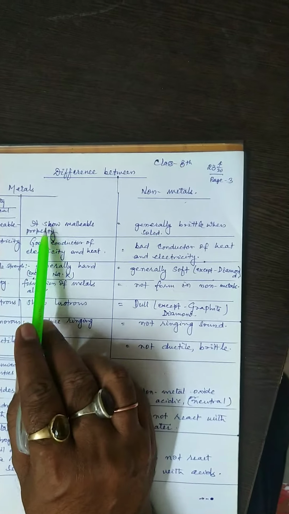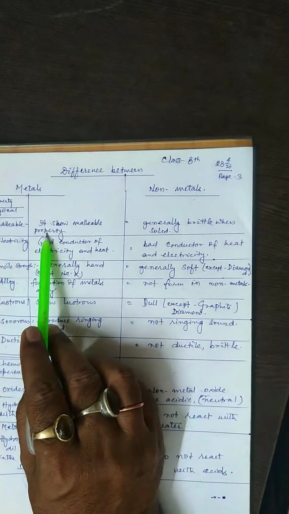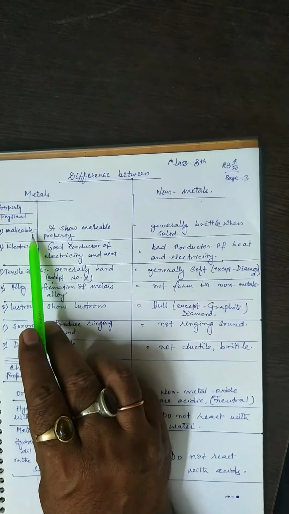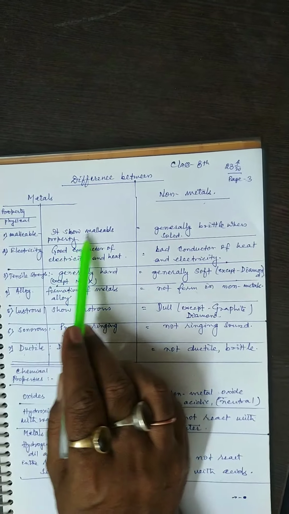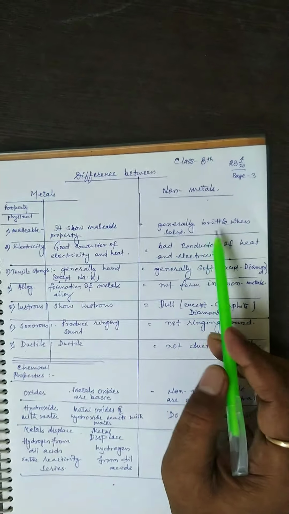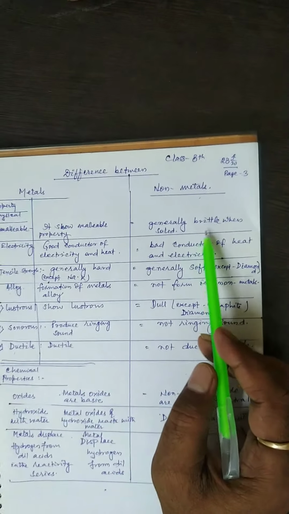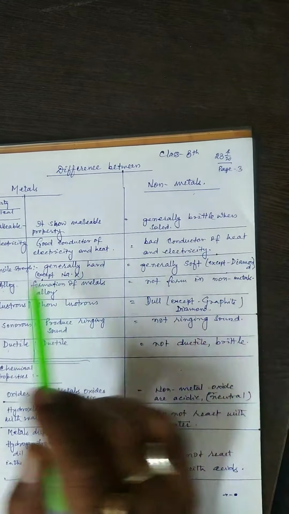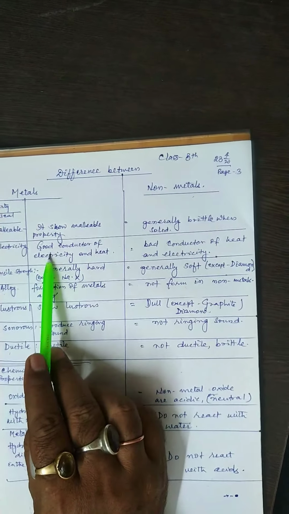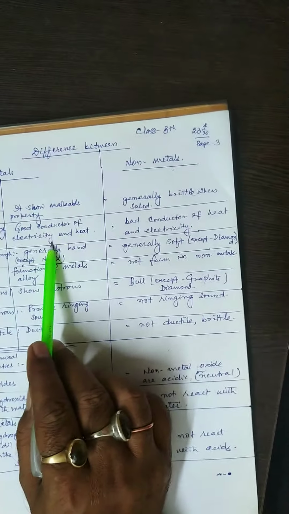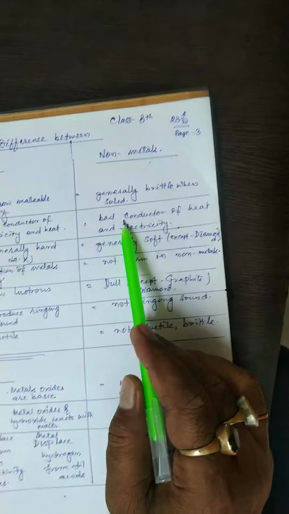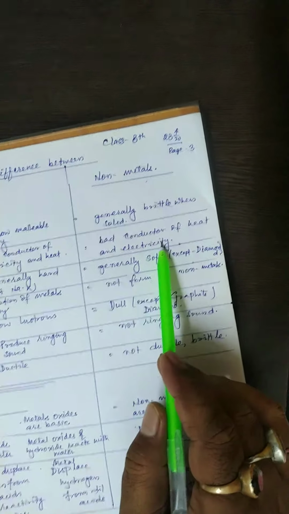Metals show malleable property. Non-metals do not show malleable property. They are brittle. Electricity: metal is a good conductor of electricity and heat, and non-metal is a bad conductor of heat and electricity.